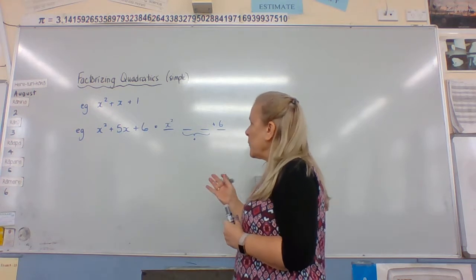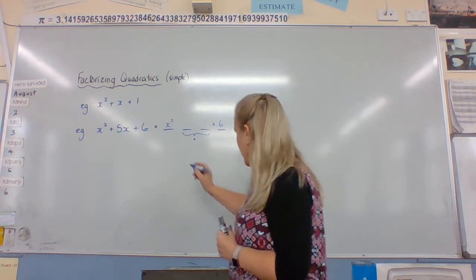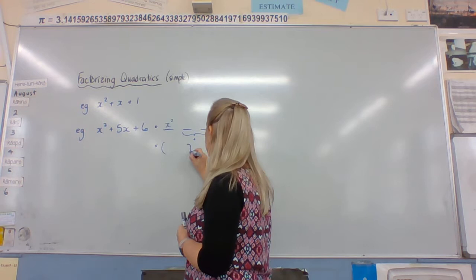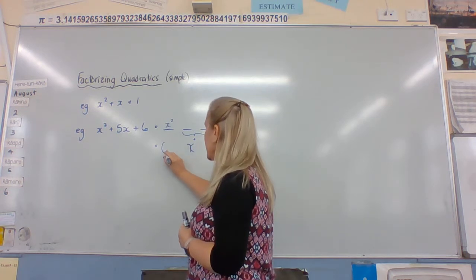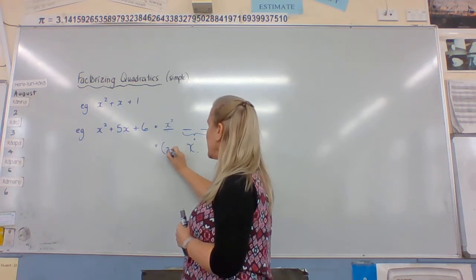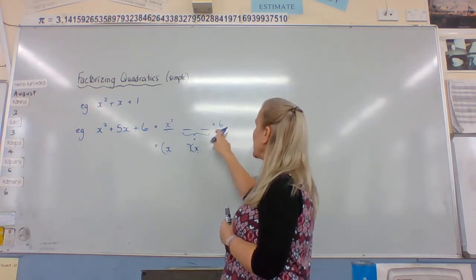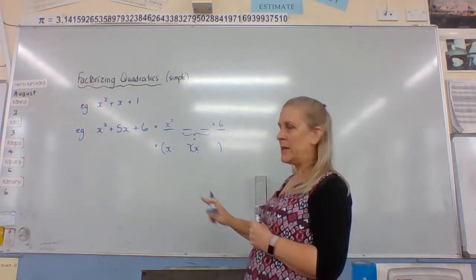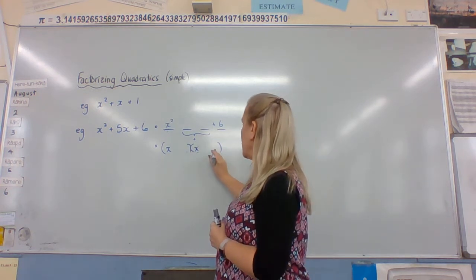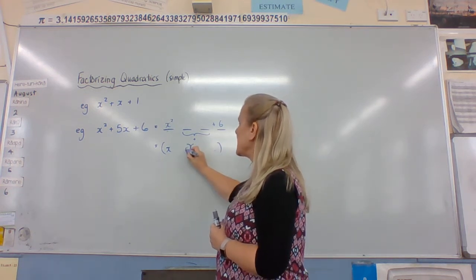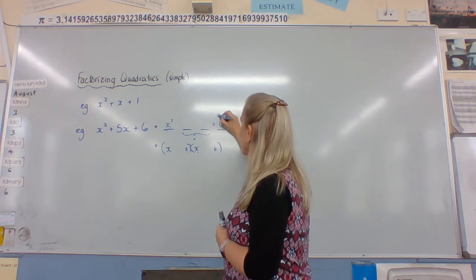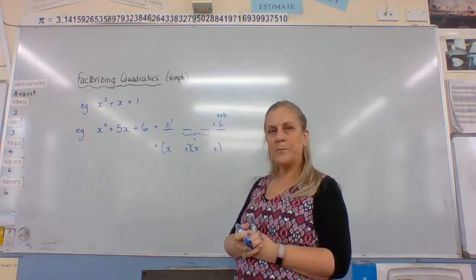And where did they come from? They came from two brackets where this one times this one gave us that, so we know those are going to be x's, and this one times this one gave us that. All right, so the last two multiplied together, we're going to call these a and b just for a minute. A times b gave us 6.